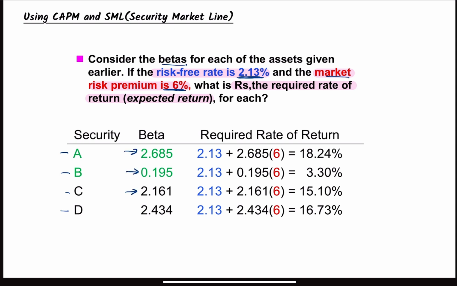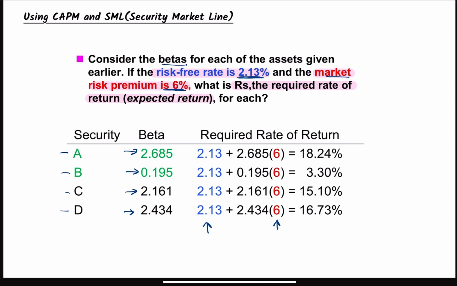So remember, this determines how risky the security or the stock is. So here we have 2.13, and this is just the risk-free rate, as though if there were absolutely no risk involved in this security, then this would be the rate that we would require. The market risk premium is 6, and this is based on what the market return is minus the risk-free rate.